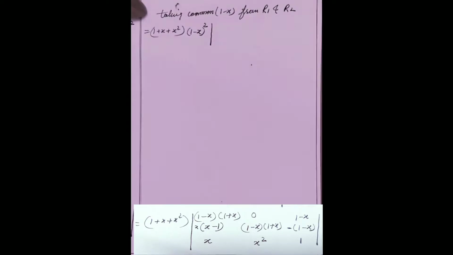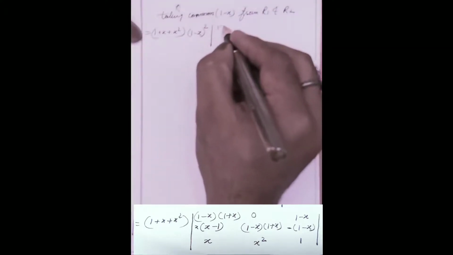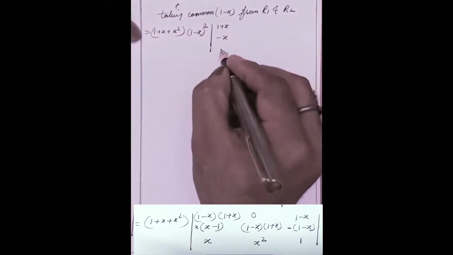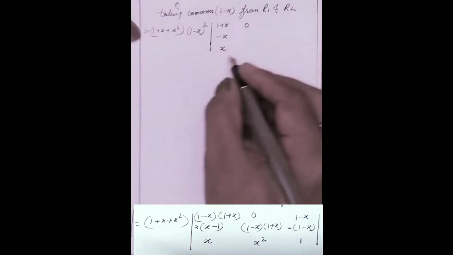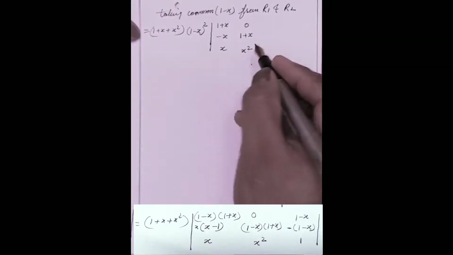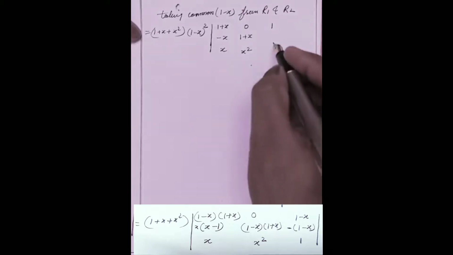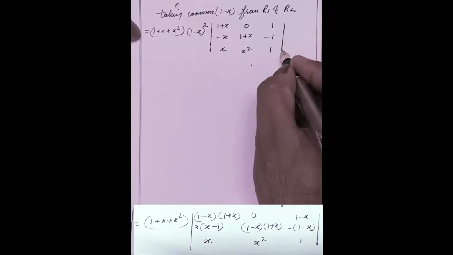In r1 we have 1 plus x remaining, and next, since we have taken 1 minus x, minus x will remain, and then last is x. In the second row 0, 1 minus x we have taken, so 1 plus x is remaining, and then here we have x square. 1 minus x we have taken, so 1, and then minus 1, 1 minus x gone, and then we have 1 here.